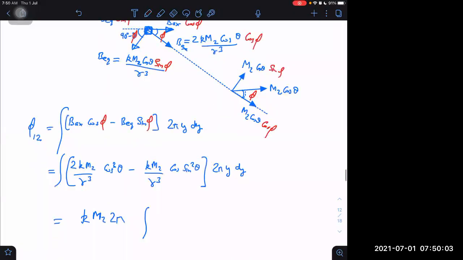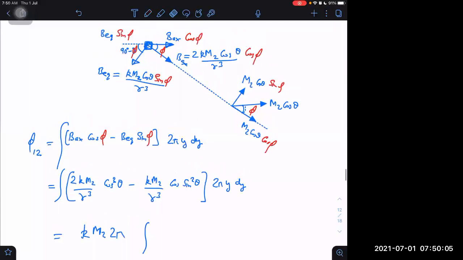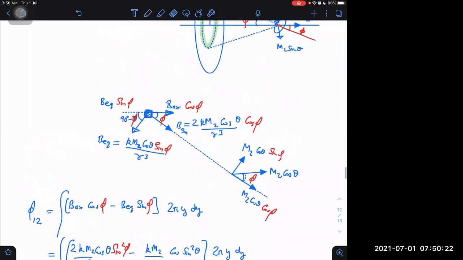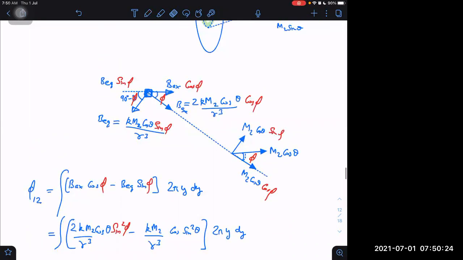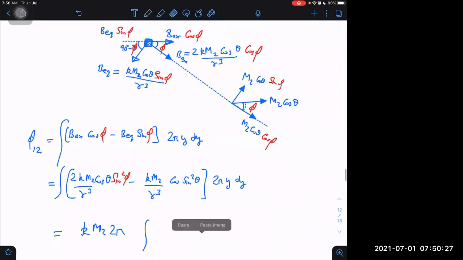What changes would it make here? It will become cos theta times sin square phi. And next, we have cos theta into... what was next?